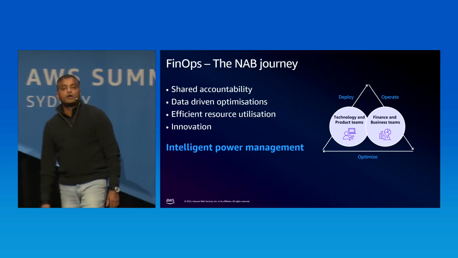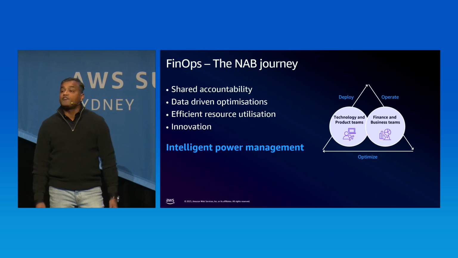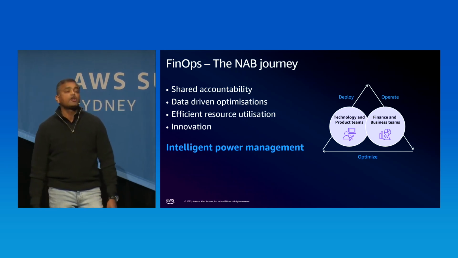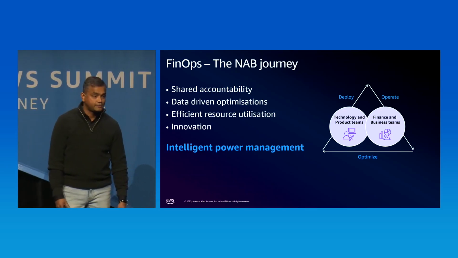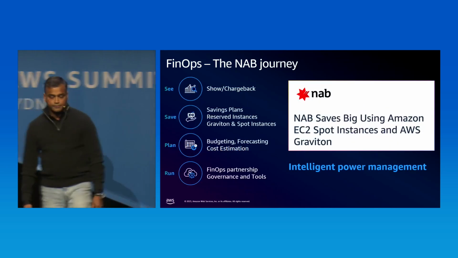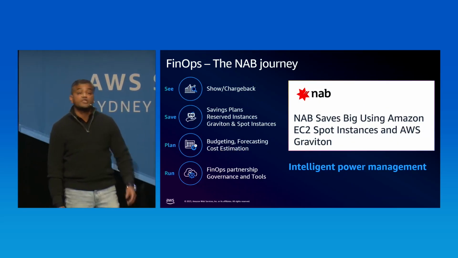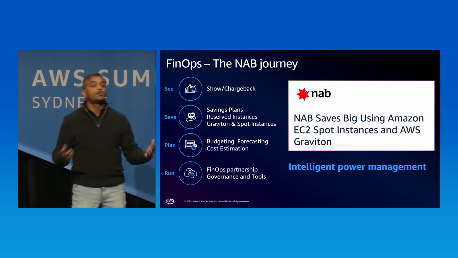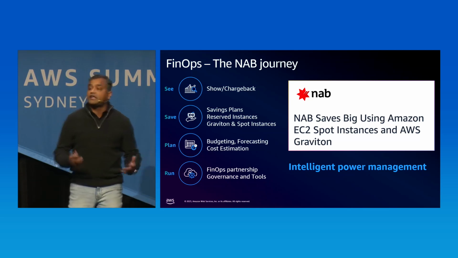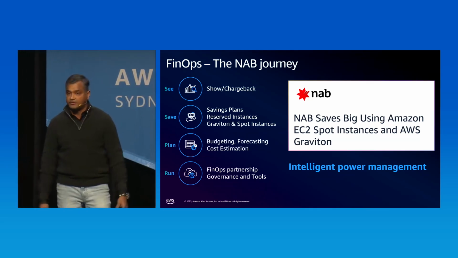We focus on data-driven decision making, improving cloud resource efficiency levels, and we always look for ways to get better and innovate. A key part of our strategy is our chargeback model, providing teams insights into their cloud usage and spend so that they take ownership and find ways to optimize their cloud resources and environments.